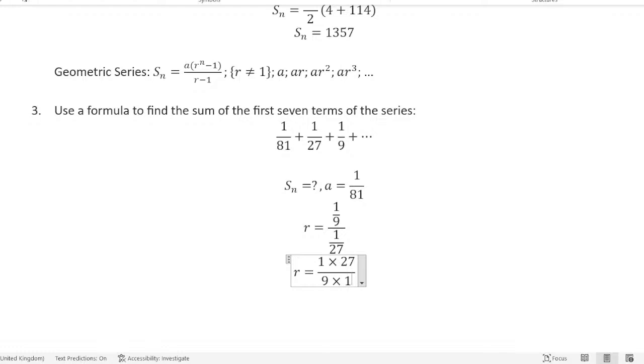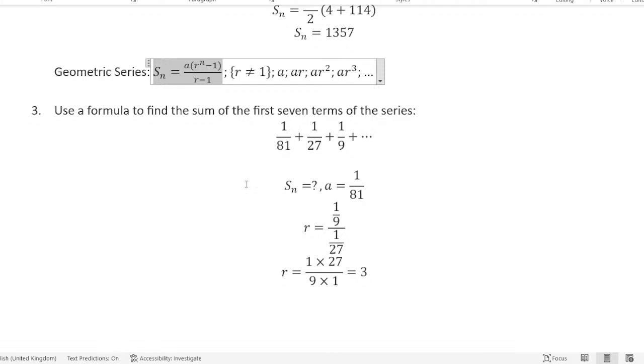All right. So now simplify. So R is gonna be 3. Therefore, R is equals to 3. So now we have to substitute in this equation, Sn is equals to A into R to the power n minus 1 over R minus 1.